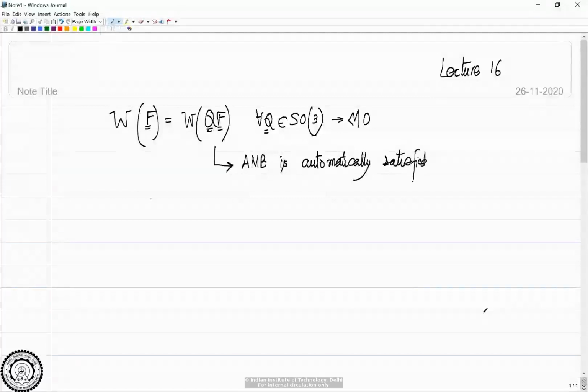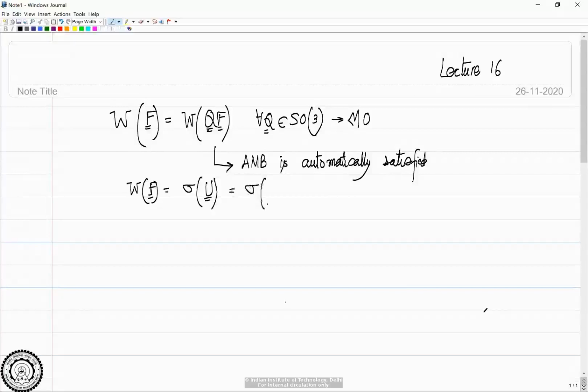And this also means that W will be equal to some function sigma of U only, isn't it?